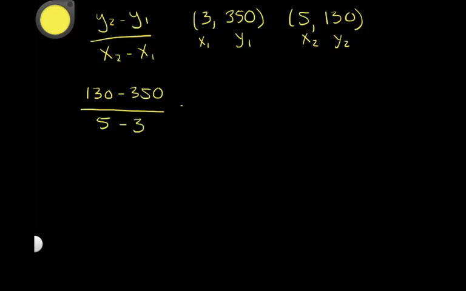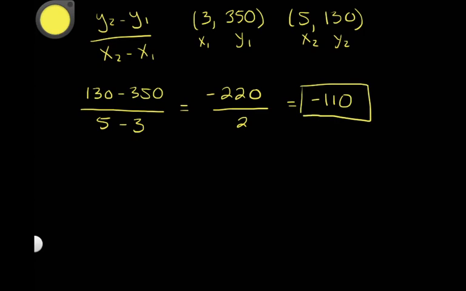So we work this out. 130 minus 350 is negative 220. 5 minus 3 is 2. Negative 220 divided by 2 is negative 110. So negative 110 is our slope.